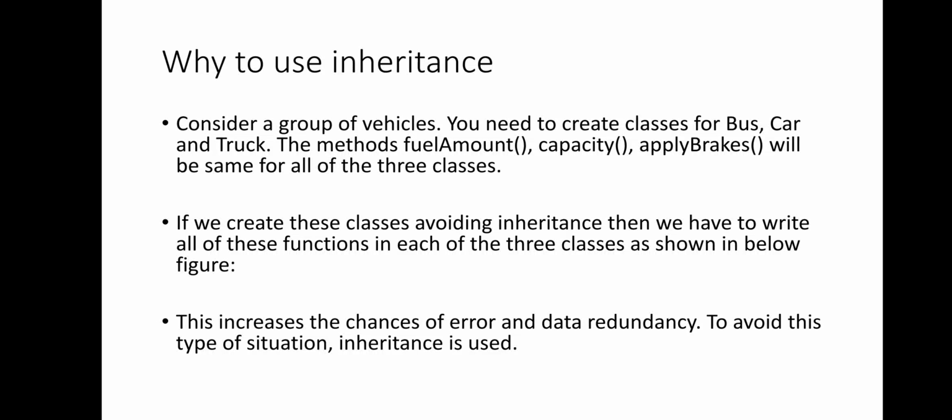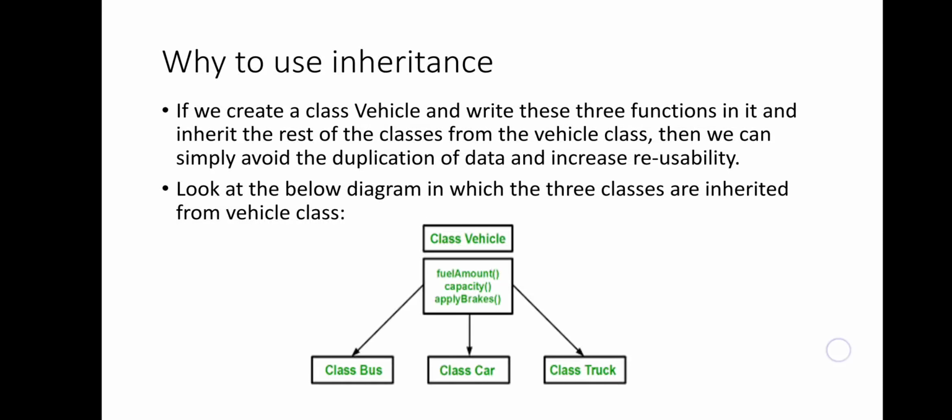It has the chances of error and data redundancy. To reduce it, we use the concept of inheritance. So when we use inheritance, we create a class called vehicle and write these three functions fuel amount, capacity, and apply brake in it.